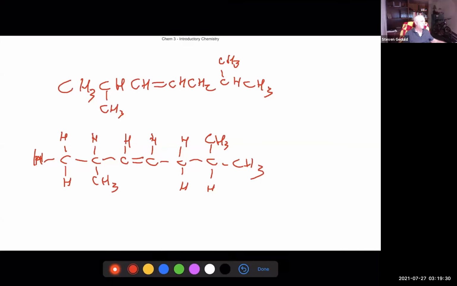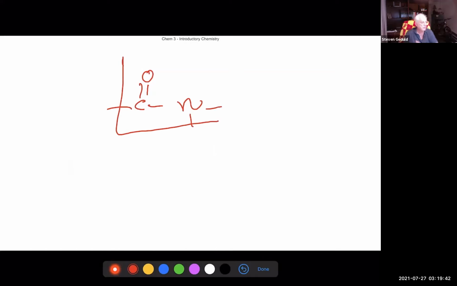And then it says check all the boxes that are amides. Remember, an amide has a carbon, double bonded oxygen, bonded to nitrogen. This is an amide functional group. It has to have a carbonyl group bonded to a nitrogen.